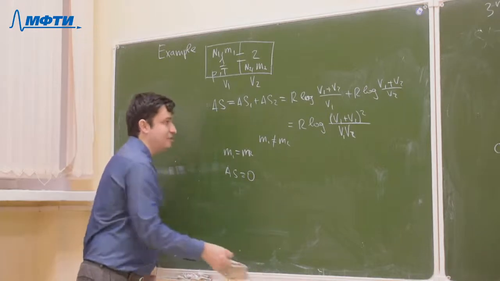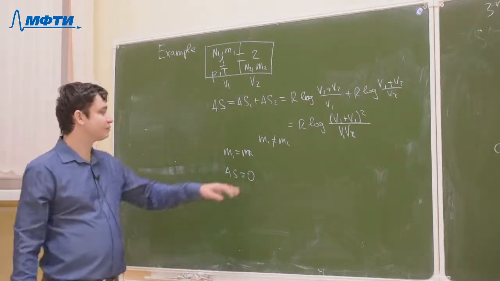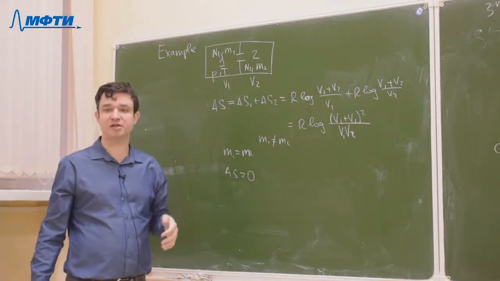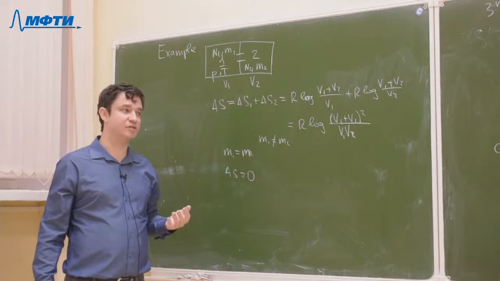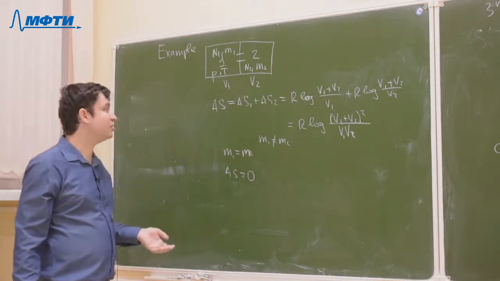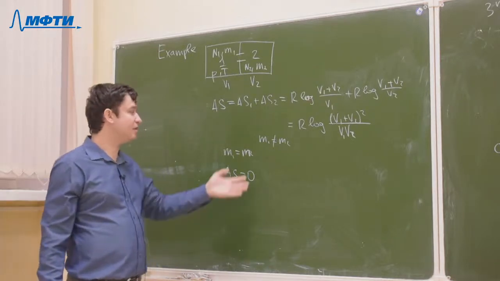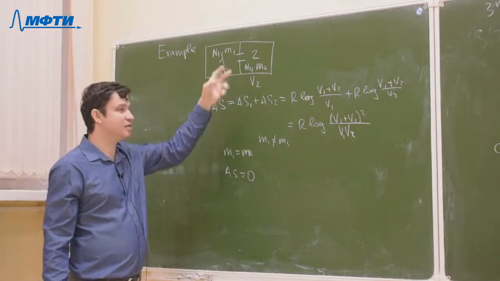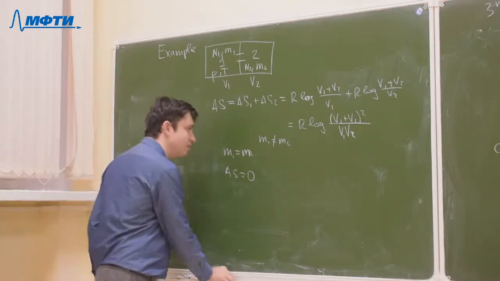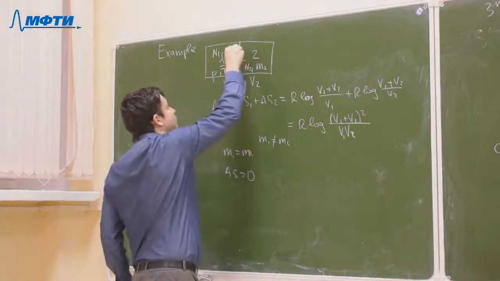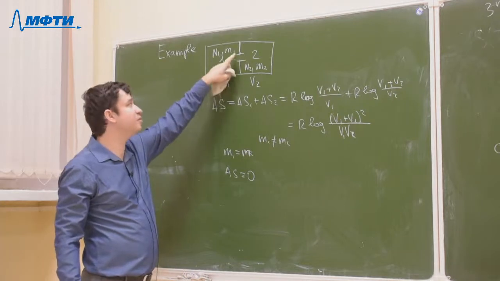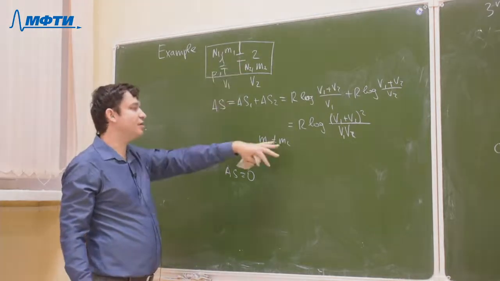It's very interesting that these molecules of gas can belong to the same chemical substance, like oxygen or nitrogen, but they can actually have different molecular mass. As you know, there are different isotopes of chemical elements. So if you have different isotopes of the same chemical element, and we open this valve, then entropy increases.